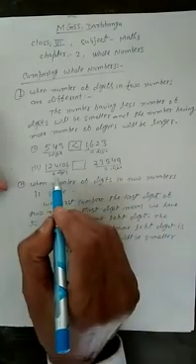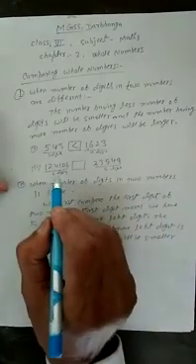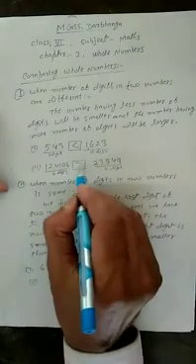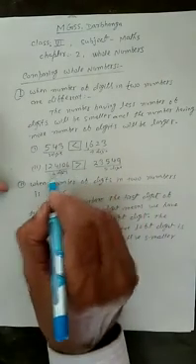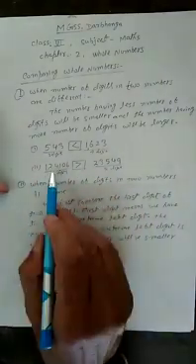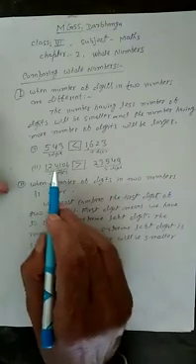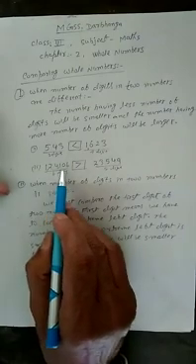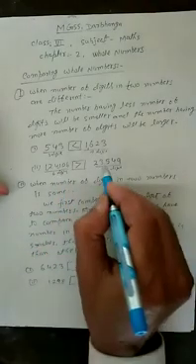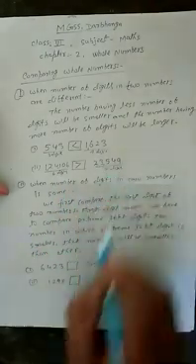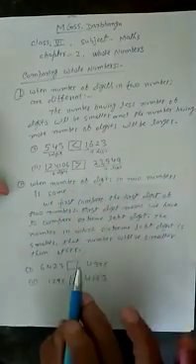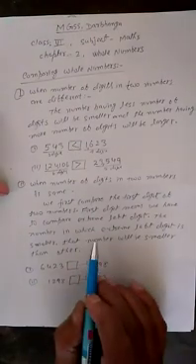The number having more digits will be greater. Then this is greater. 1,24,106, and here is 23,549.